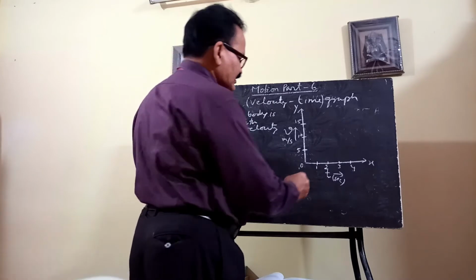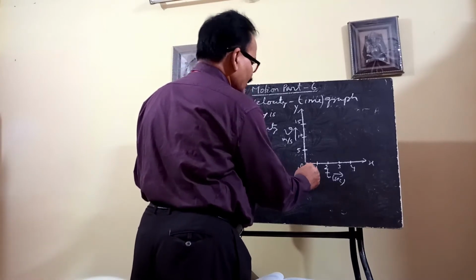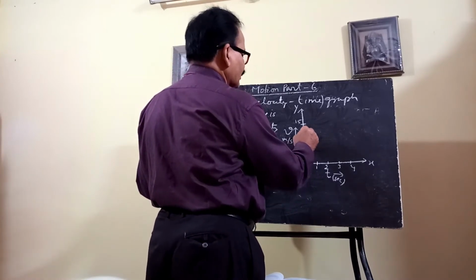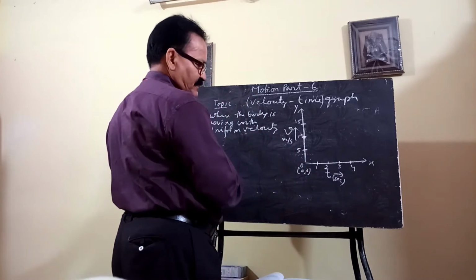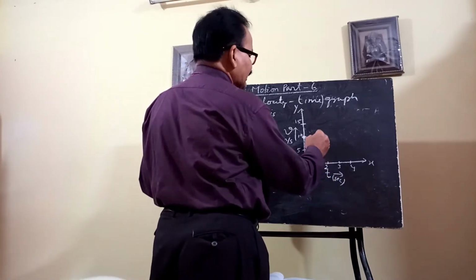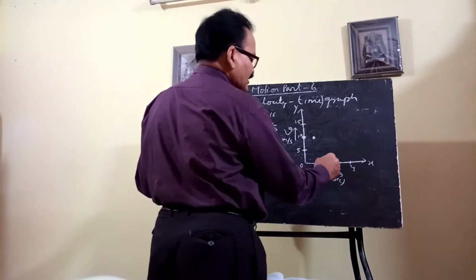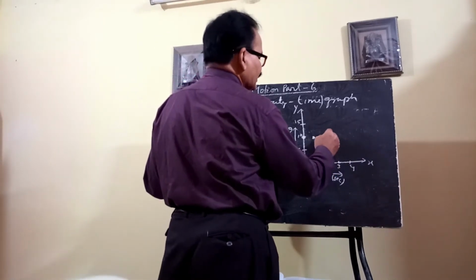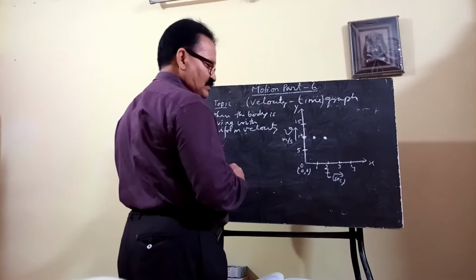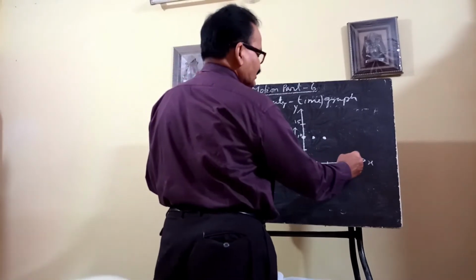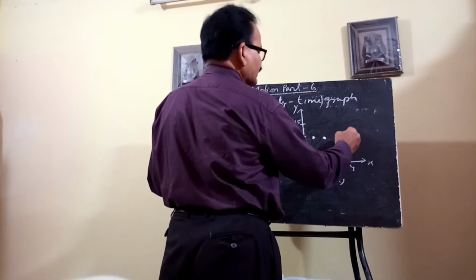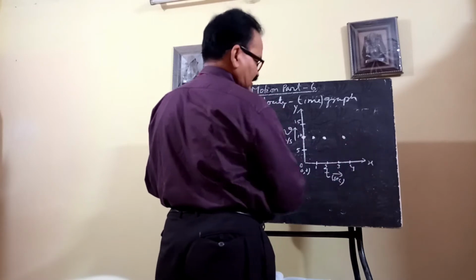Suppose at 0 second the velocity of the body is 10 meter per second. After 1 second its velocity is again 10 meter per second. After 3 seconds the velocity is again 10 meter per second. After 4 seconds again the velocity is 10 meter per second.